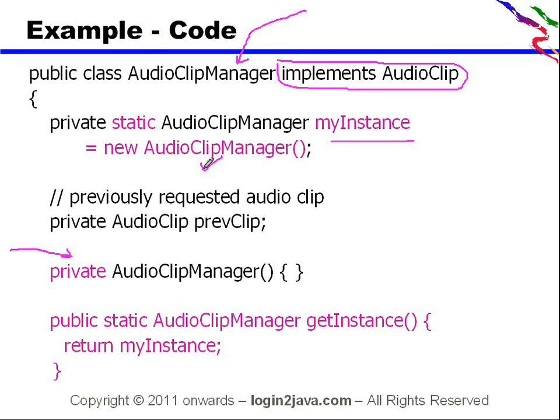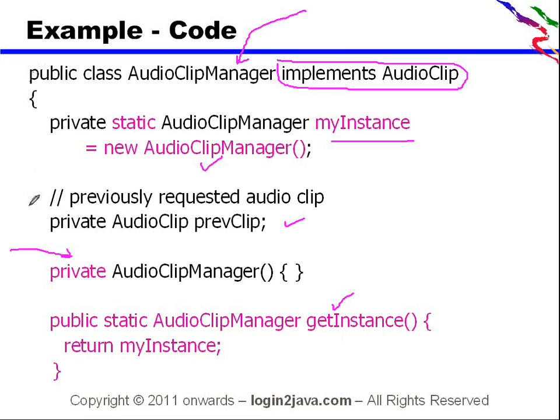So the client application is not allowed to create its instance using new. Now this is the data that stores the clip, and this is the method that returns the only instance, the getInstance method.